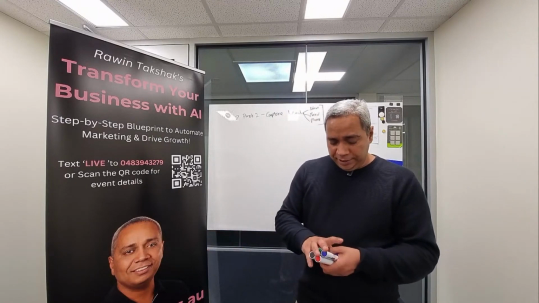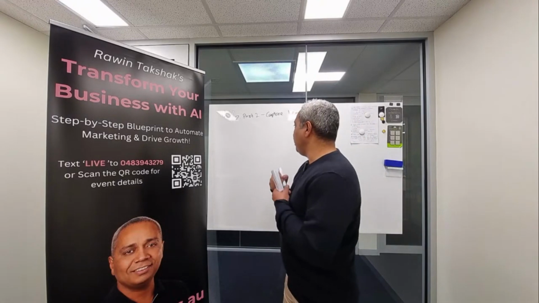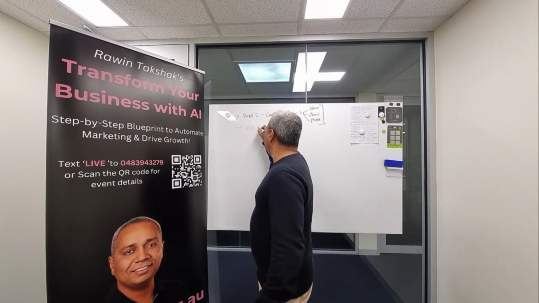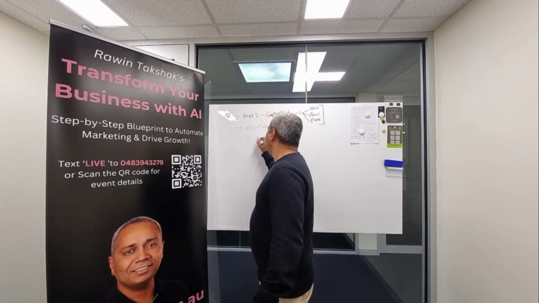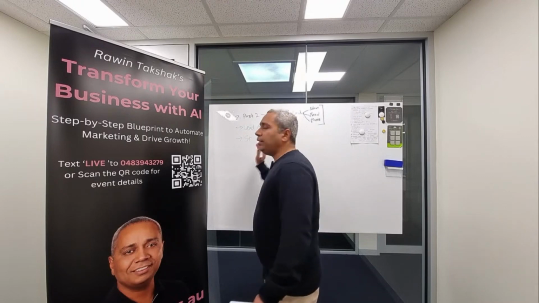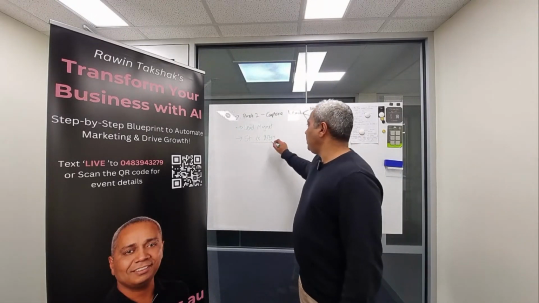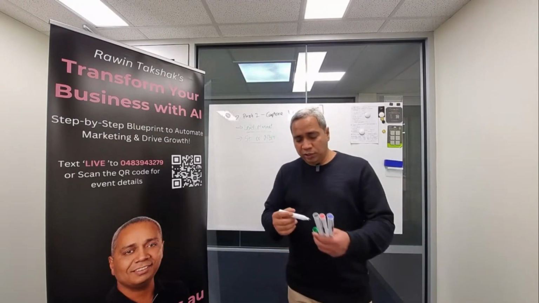So depending on the business type, you might need a lead magnet, or you can go straight to the offer. That can happen if they're coming through a referral, for example. But in most cases, it's through the lead magnet.